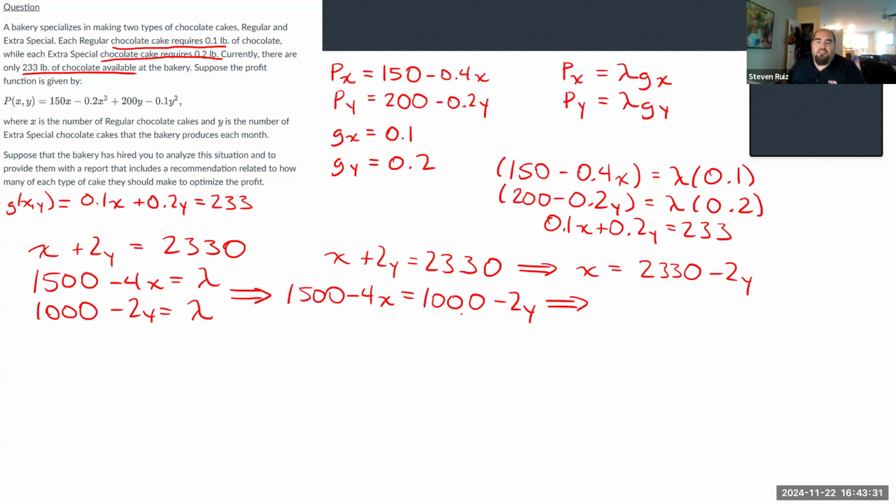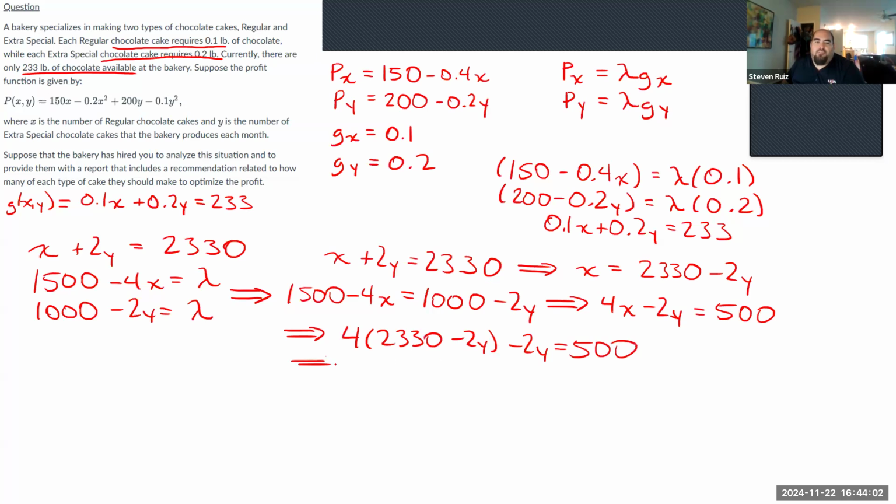So this bottom equation, I believe this comes out to be 4x minus 2y equals 500. And then if I plug in that x, what do I get? 4 times 2,330 minus 2y minus 2y equals 500.